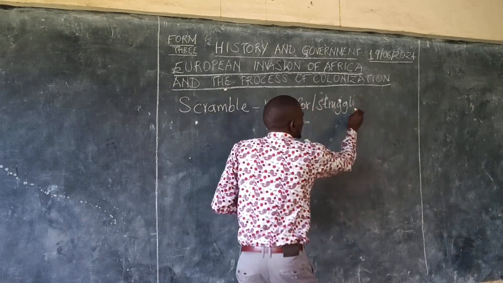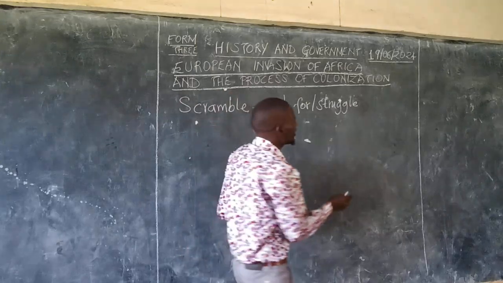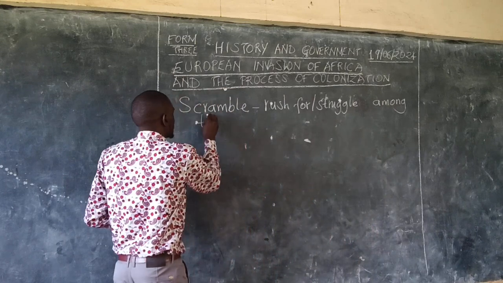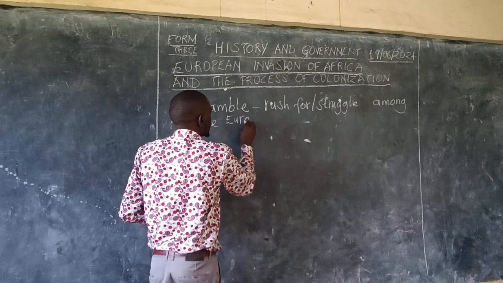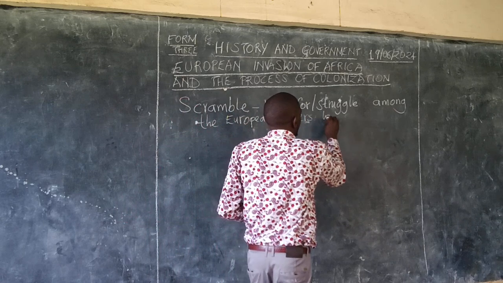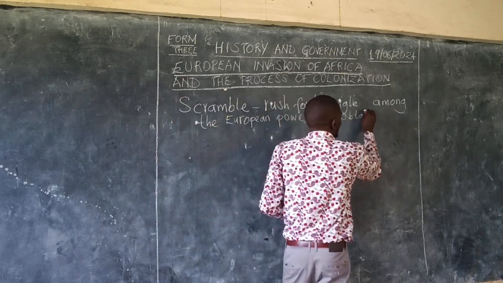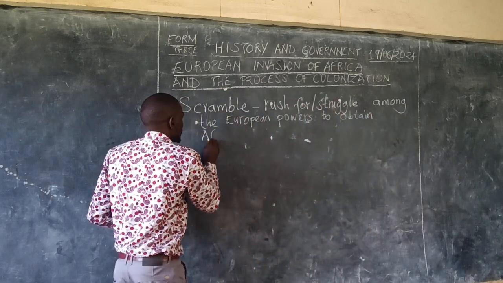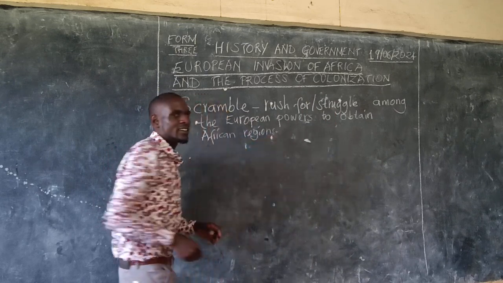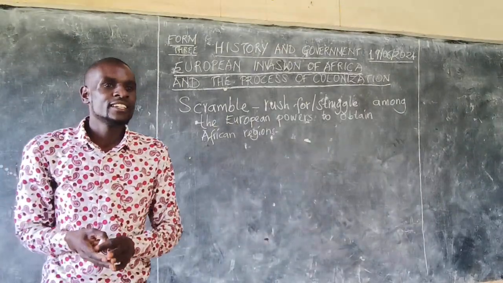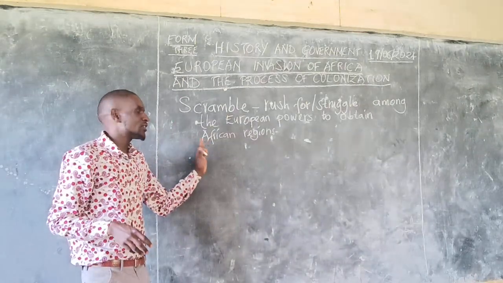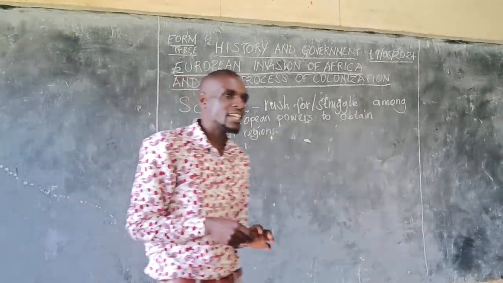Let's say it was the rush for, or the struggle among, the European powers to obtain African regions. When the Europeans arrived in Africa, each European nation was struggling in order to obtain a certain part or region of Africa. That's the definition of the term scramble.